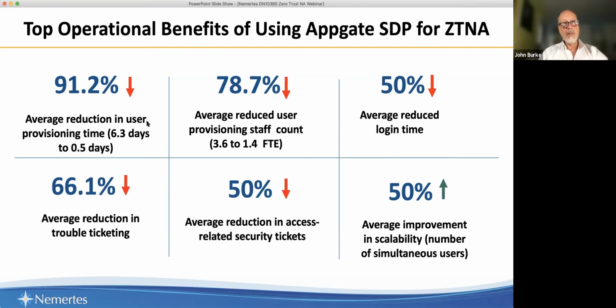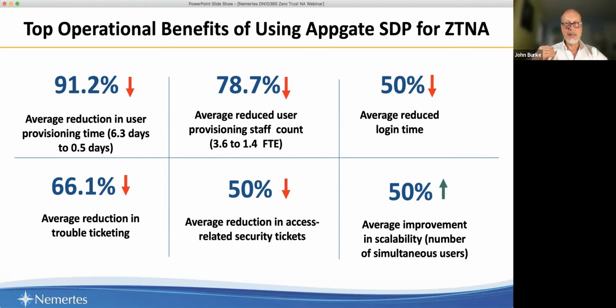So that leads almost directly, plus the reduction in the use of traditional VPNs, to dramatic reductions in trouble ticketing and access-related security tickets that help desks were having to deal with, because when the process is simpler and more reliable, those trouble tickets tend to decline rapidly.